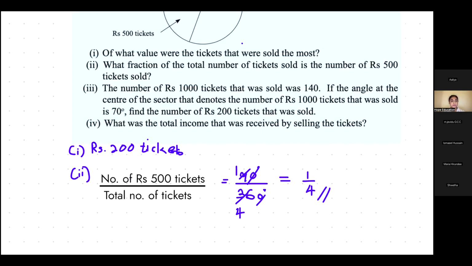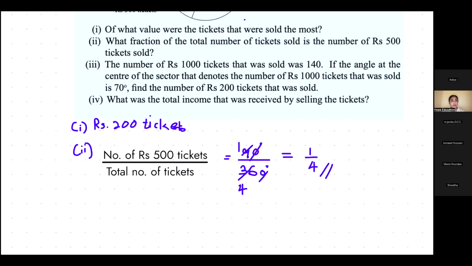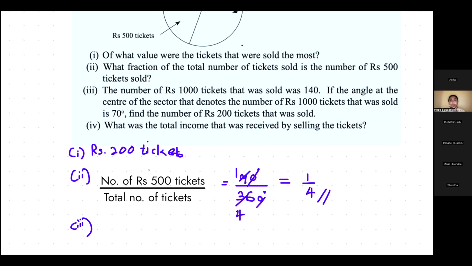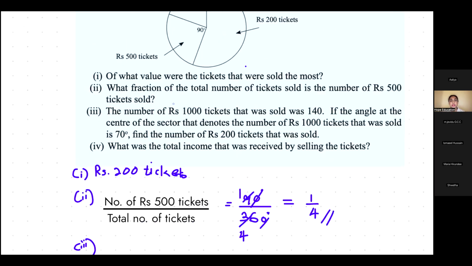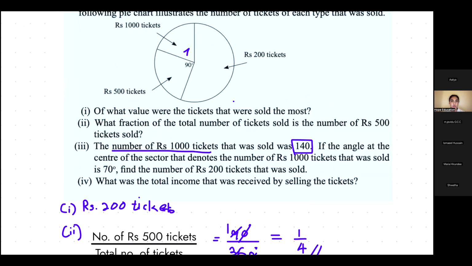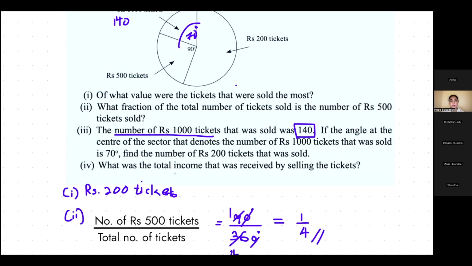All right. Roman number 3. The number of 1,000 rupee tickets sold was 140, if the angle at the center that denotes the number of 1,000 rupee tickets that were sold is 70 degrees. Find the number of 200 rupee tickets.